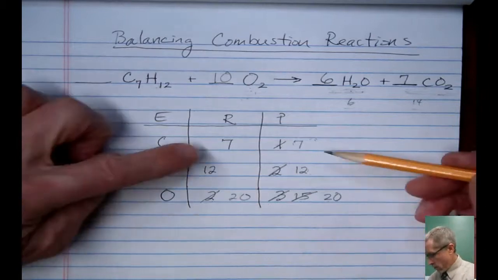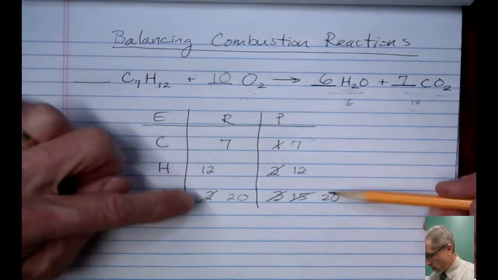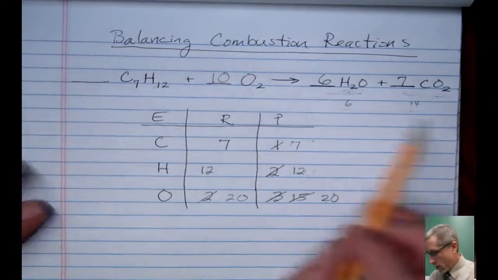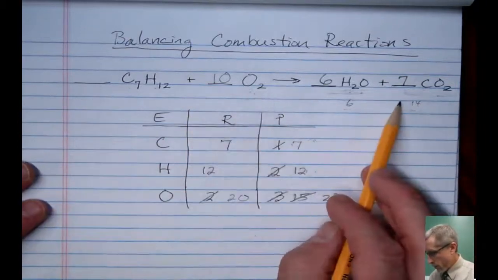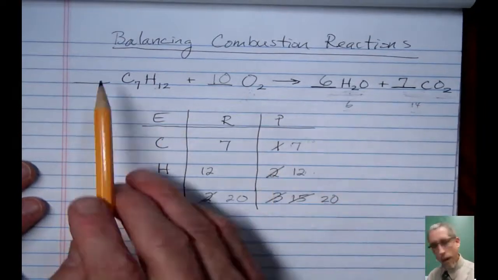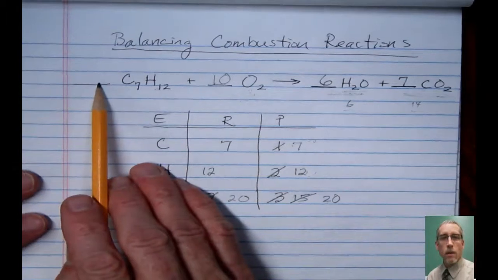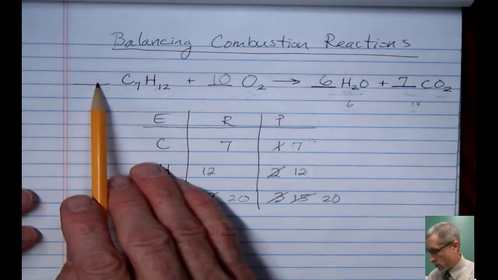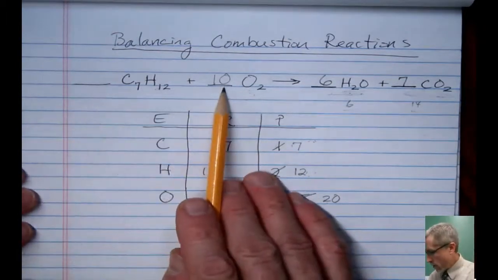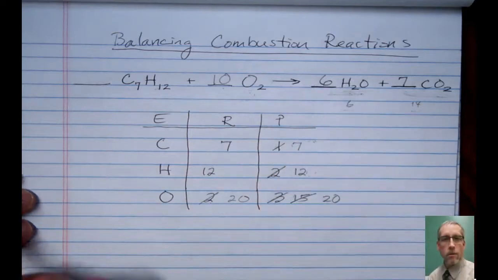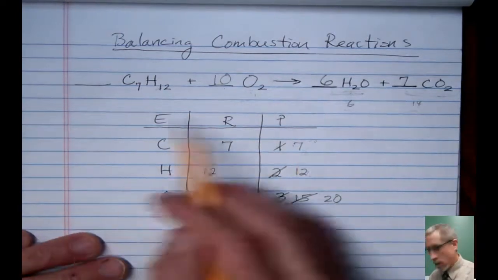And now my reactant and product side shows identical numbers for everything. You can do a double check up here, but everything is good now. So I have no coefficient here. That just means I have 1 of those molecules. But I have 10, 6, and 7 for my others. So this is balanced. My ERP chart shows it.